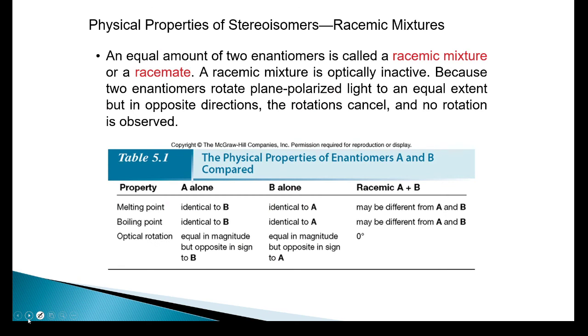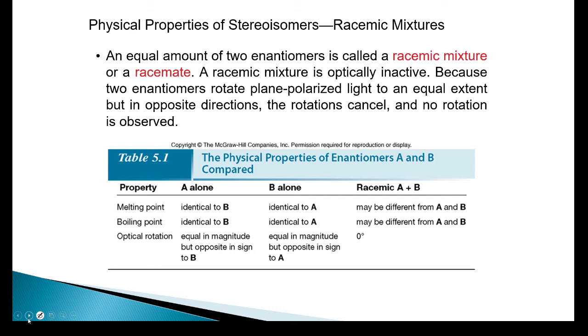If I were to take two enantiomers of one another, an R and S enantiomer, and try to tell which one's which, if I measure their melting points, they're going to be identical. If I measure their boiling points, they're going to be identical. The only thing that's going to be different is their optical rotation. The degrees will be the same, but one will be to the right and one will be to the left.